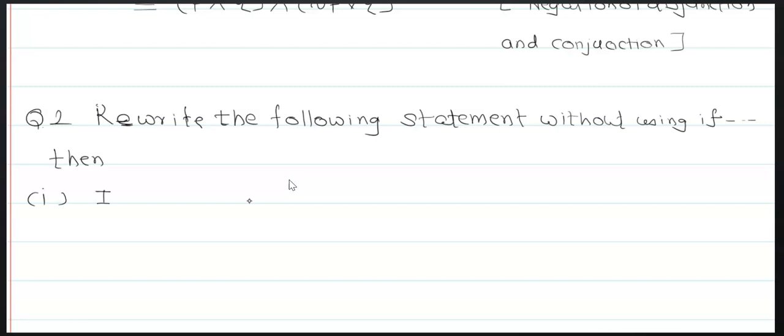Therefore, here is: if a man is judge, then he is honest.